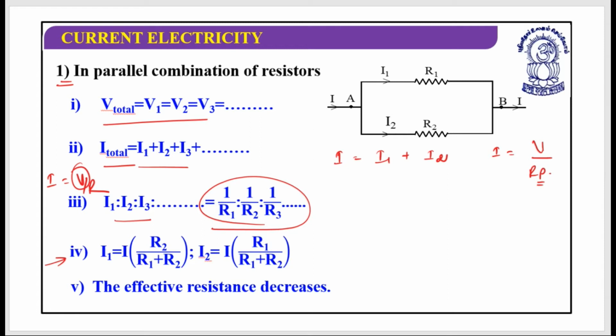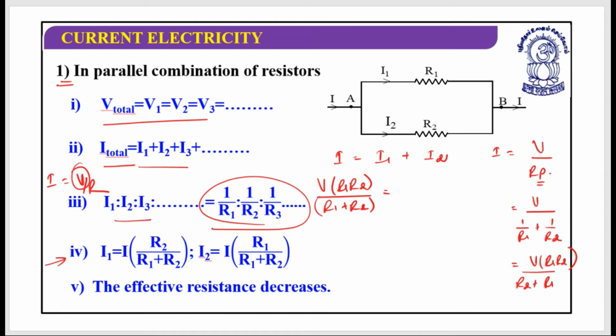Now what is R equivalent? My R equivalent is equal to V divided by 1 by R1 plus 1 by R2. If I solve this, it's V divided by R2 plus R1 multiplied by R1 R2. This is the total current. So if I write this, it's V multiplied by R1 R2 divided by R1 plus R2.